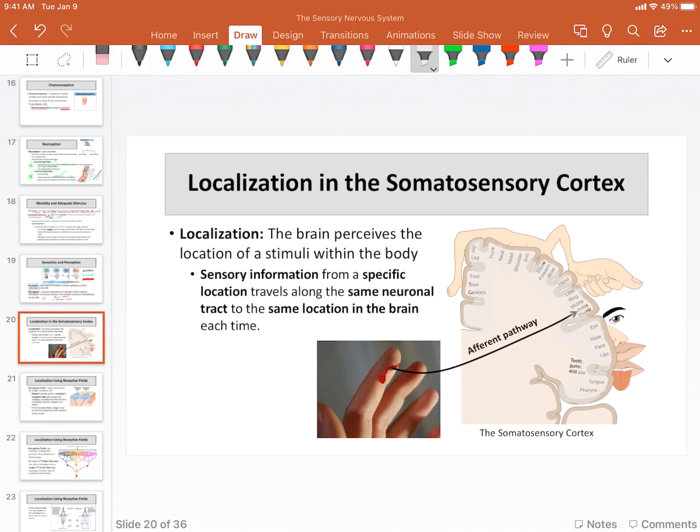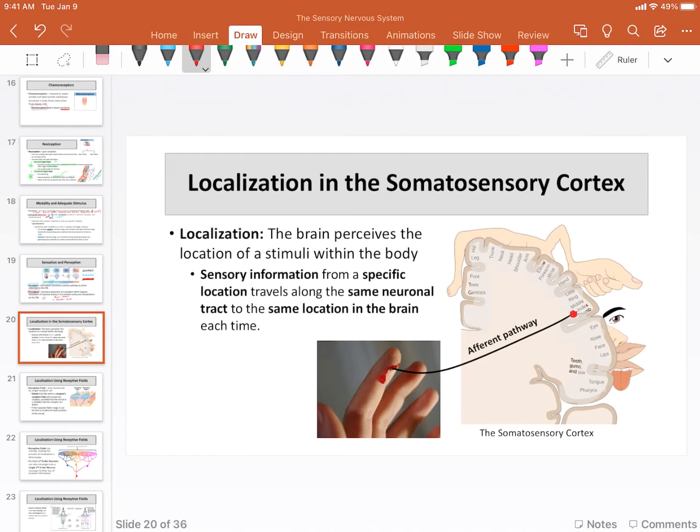The white matter is toward the inner regions of the brain, and it contains the myelinated axons of these neurons. As the information is received, so here's my example of my finger that's been cut, it would be sent in through these afferent pathways, and ultimately it's going to arrive in a very specific region of the brain that is dedicated specifically to processing information that comes from the index finger.